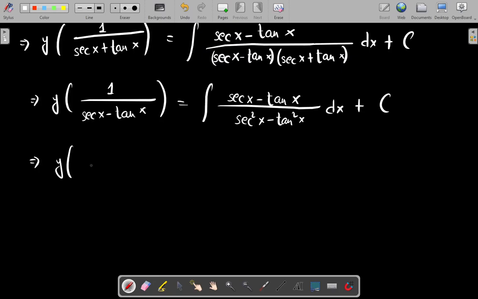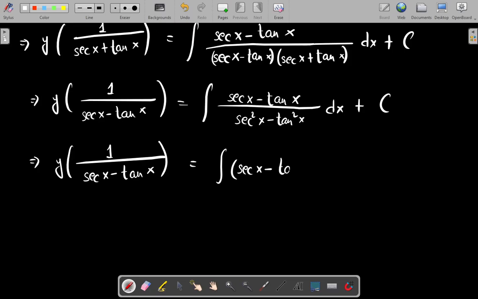So this further gives y times 1 upon sec x plus tan x is equal to integration of, this becomes 1, right? Sec square x minus tan square x is 1. So the denominator vanishes, it goes to 1. So I have integration of sec x minus tan x dx plus c.